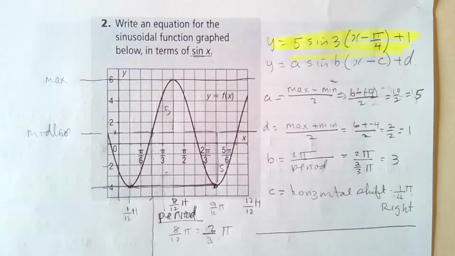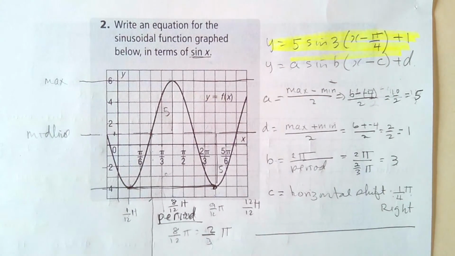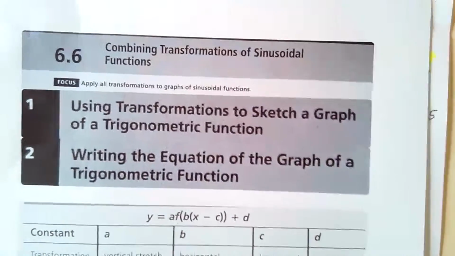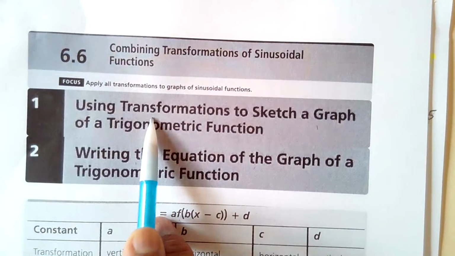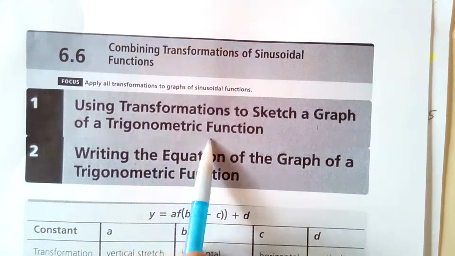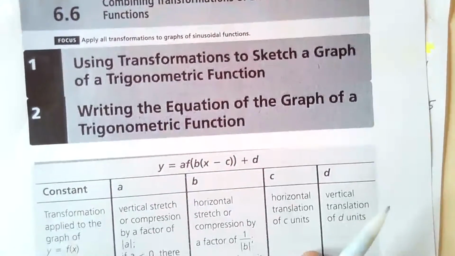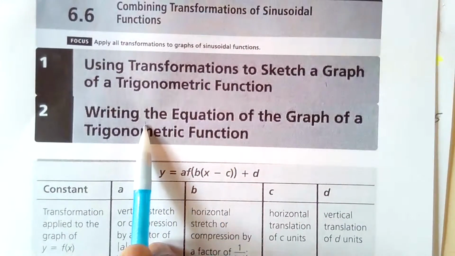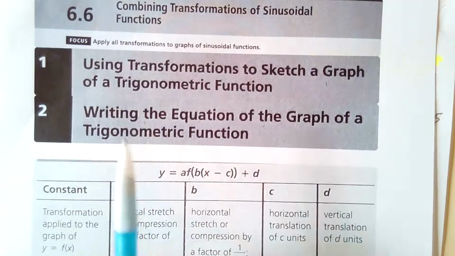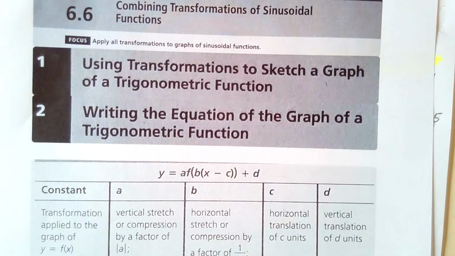So today, we used transformations to sketch a graph of a trig function. First we looked at two examples, and then two examples of writing the equation of a graph of a trig function.